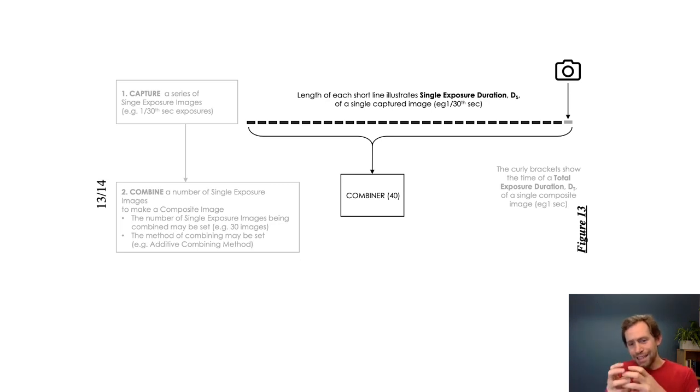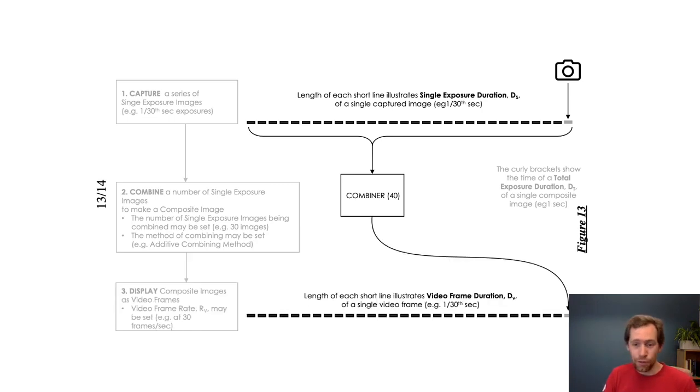So we're creating synthetic long exposures, synthetic 1 second exposures, by combining 30 30th-of-a-second exposures, and that synthetic long exposure then becomes a video frame in the preview screen on our camera.